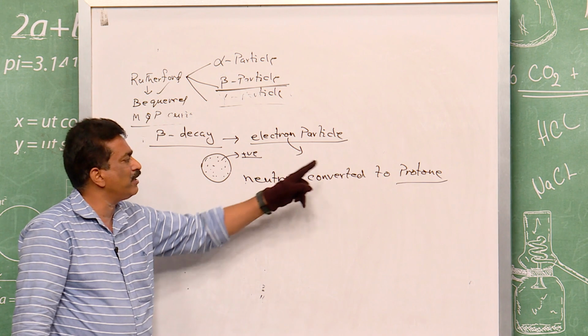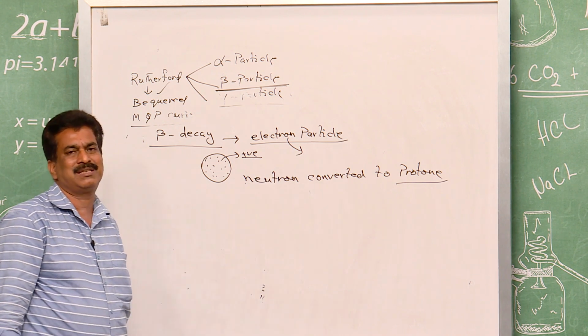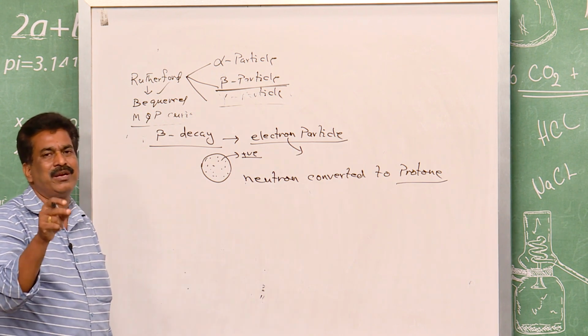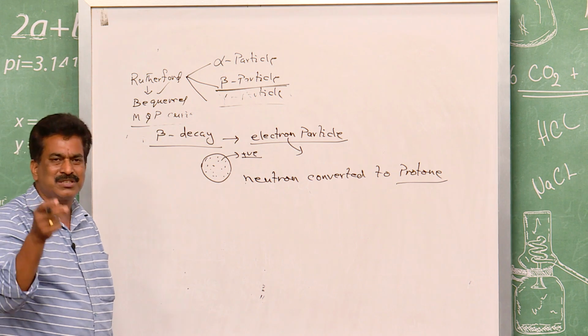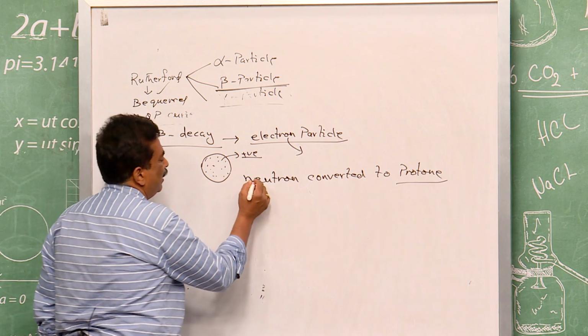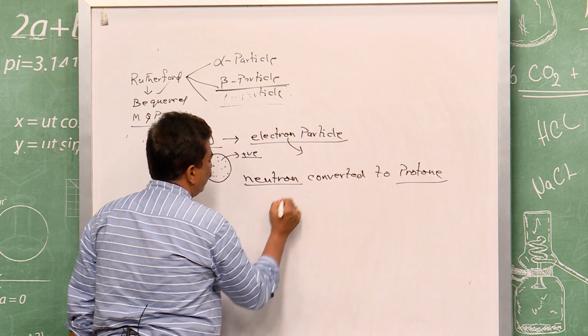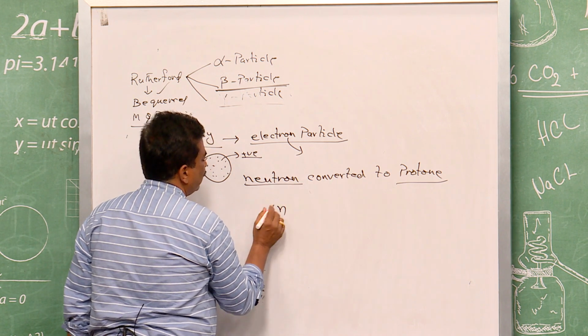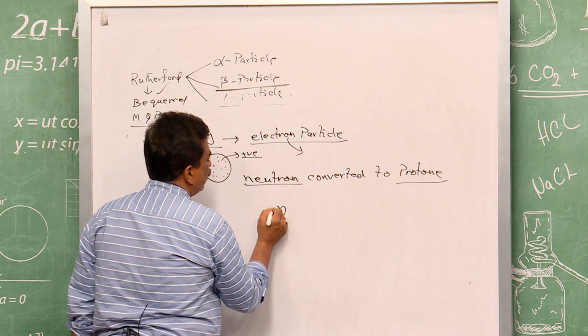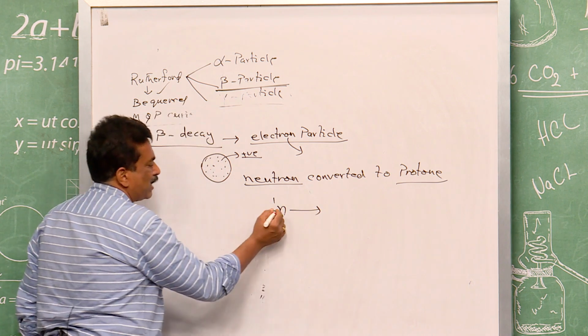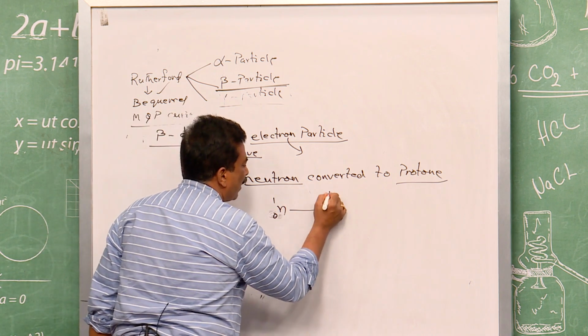So when this neutral becomes positively charged, the charge must be conserved, in keeping with the nature of nuclear forces. Suppose we have taken the neutron, n 0 1, this n 0 1 will give you one proton.